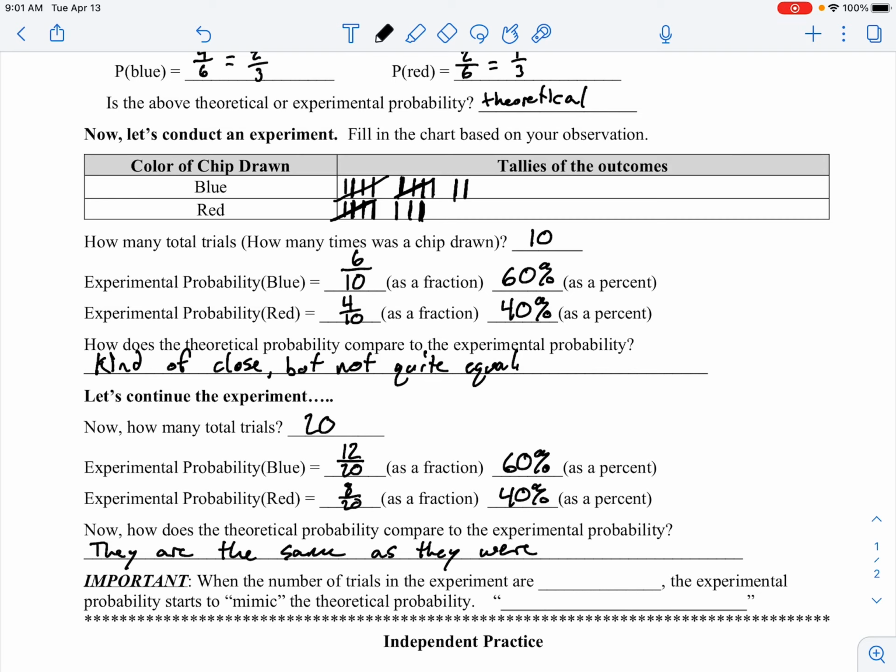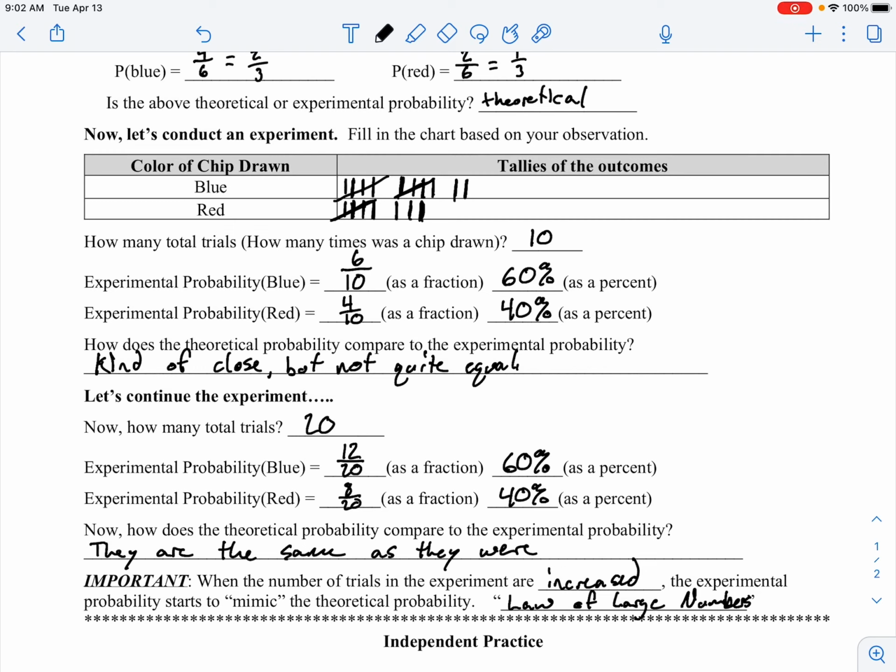What we were trying to see is when the number of trials in the experiment are increased, the experimental probability starts to mimic our theoretical probability, or the experimental probability number will get closer to our theoretical probability. And this is what we call the law of large numbers.